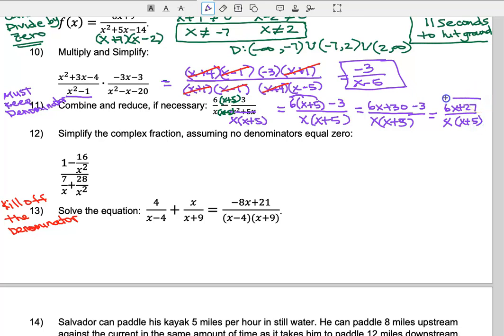And then that is your answer. Okay, that kind of looks like a 4, but that should be an x. All right, so you've got to keep the denominator. You must keep it on this.